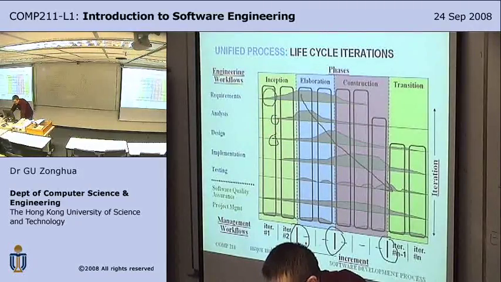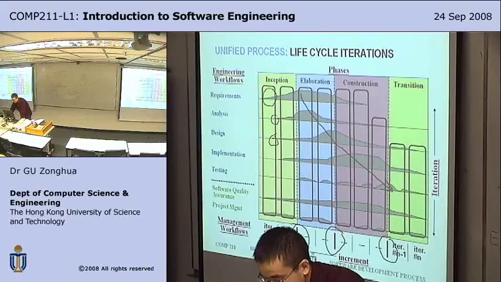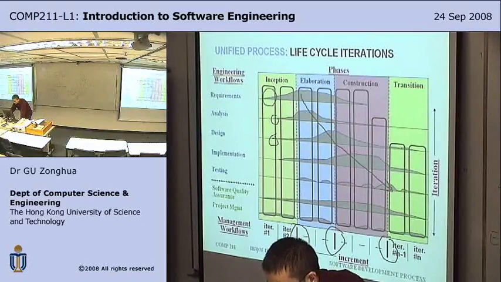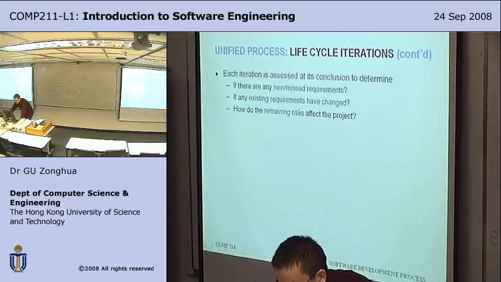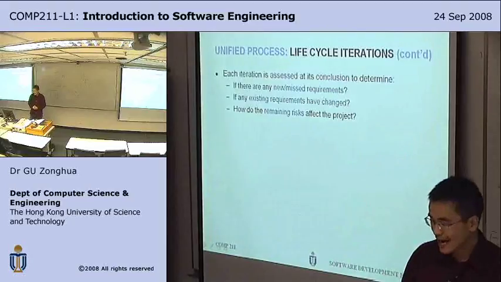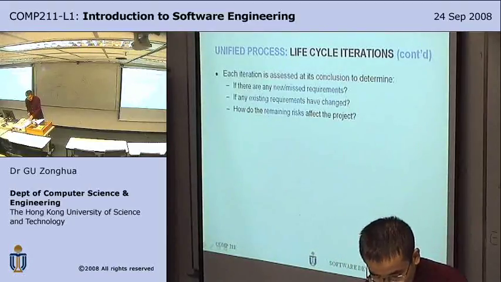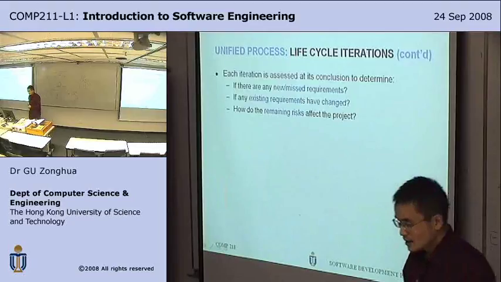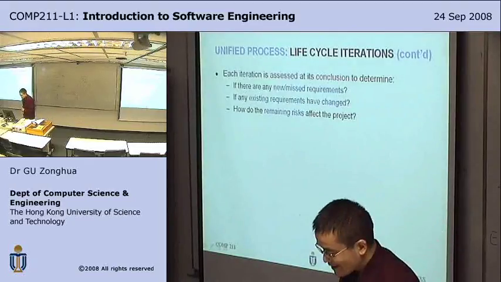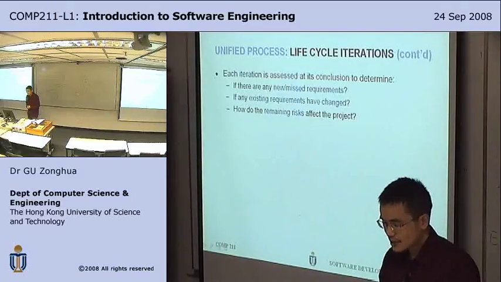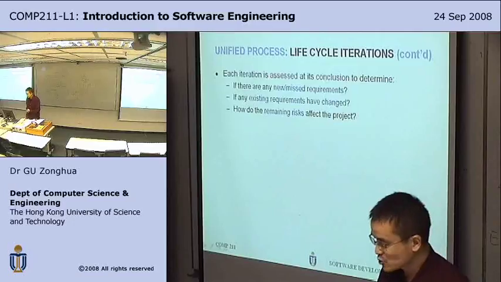And each iteration, from iteration to iteration, is an increment. So you're growing from iteration 1 to iteration 2. That's an increment. Each iteration is assessed at its conclusion to determine if there are any new and missed requirements, if any existing requirements have been changed, and how the remaining risks affect the project.